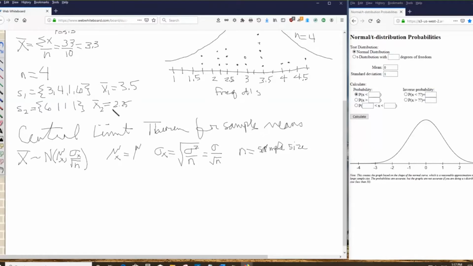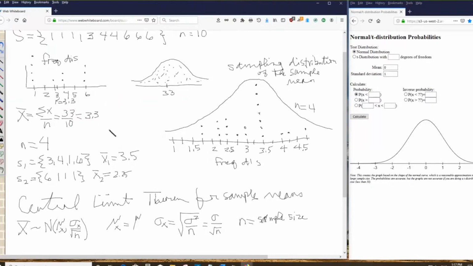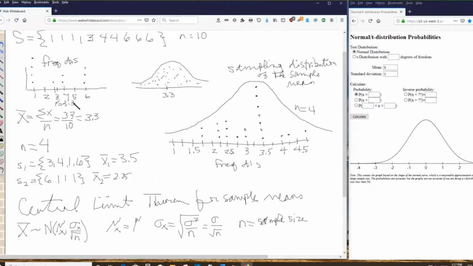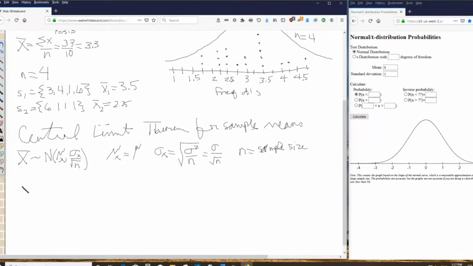So for example, in the problem that we did up above, I didn't give a standard deviation, but let's say I had n equals 4, because that was my sample size. My mu is going to be the same, 3.3, for both of them.